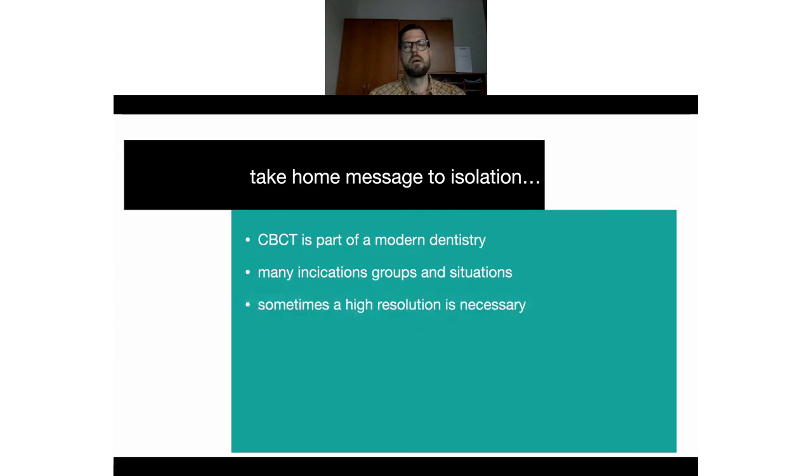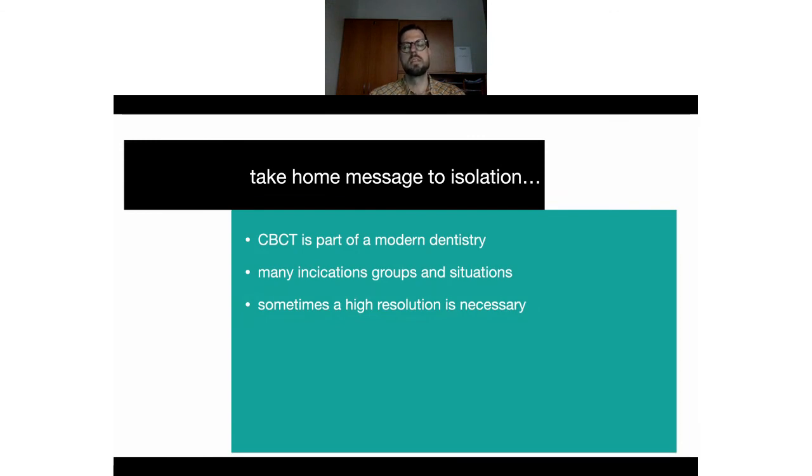First of all, CBCT is a part of modern dentistry. So don't be shy to use CBCT as soon as possible. It has many indication groups and many situations, as we said before. For example, when we do endo, we need high resolution when we are looking for fractures and other things.